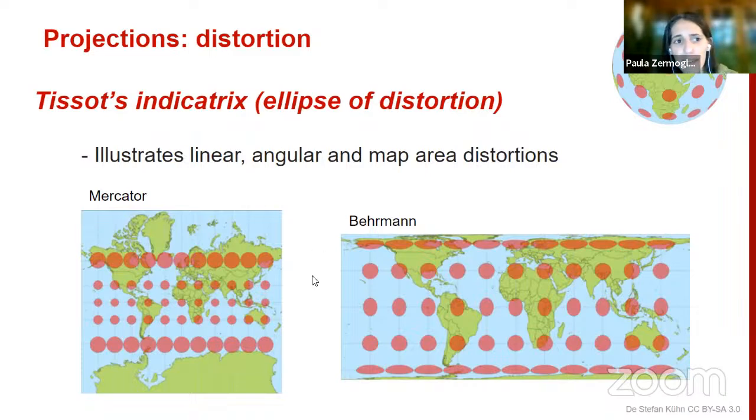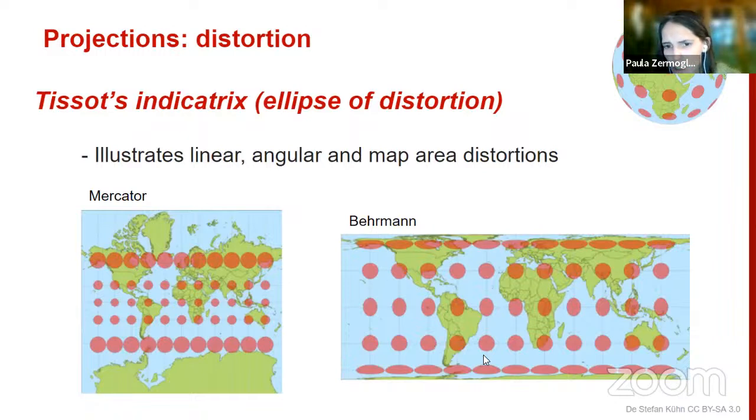There is a method to represent the distortion, which is the Tissot indicatrix, a matrix that illustrates the distortions at different places of a map. For example, using the Mercator projection, we can see these orange dots are much bigger closer to the poles than at the equator, representing the distortion.